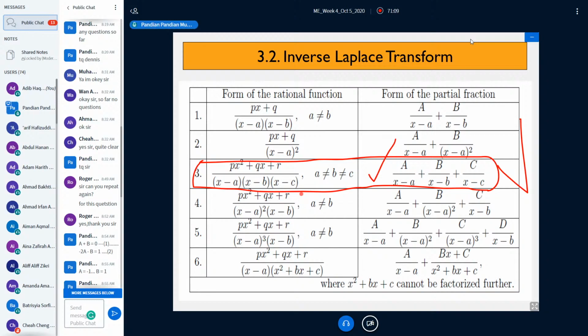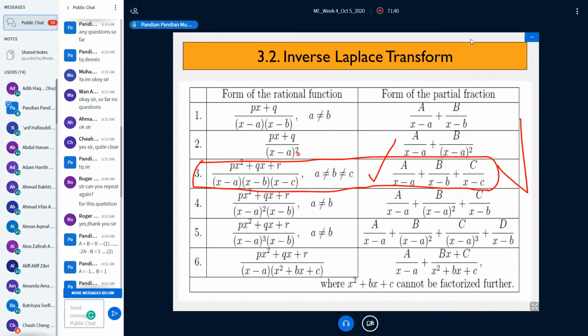So anything other than this, you must make sure it is within this. You cannot say, if I have 4 factors, that means there is number 7. No such thing. There is no 7 here. It must fall within these 6. You got to match it. So, for example, x minus a power 4. I put 4 here. But if I put 4 here, this one is px plus q, so this one x power 1, x power 2.